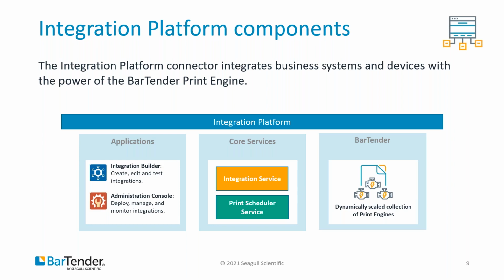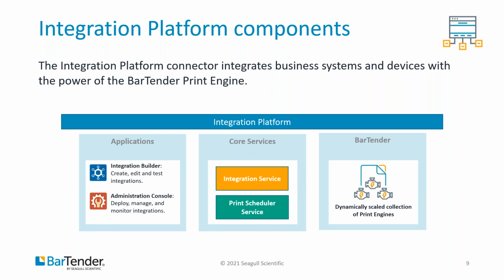On the production server itself, we're using service-oriented architecture. So we have two core Windows services. The first is the integration service, which is hosting the integration. Whatever integration it is, it's hosting that and is performing the task of listening for those event messages. It can also execute actions if the actions are non-BarTender document related.